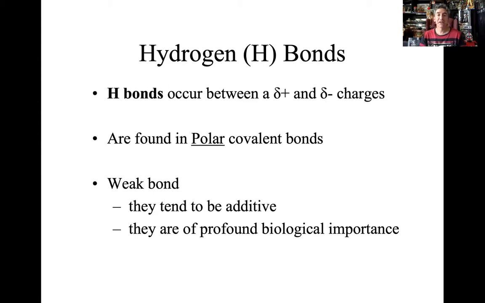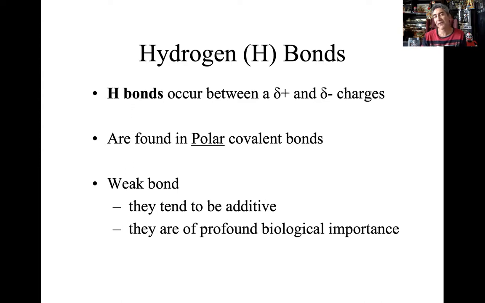Again, if it's a non-polar covalent bond, hydrogen bonds cannot form. So we must have a polar covalent bond, which generates unequal sharing, which within the same molecule presents a delta positive and a delta negative on either side of the shared electrons there.